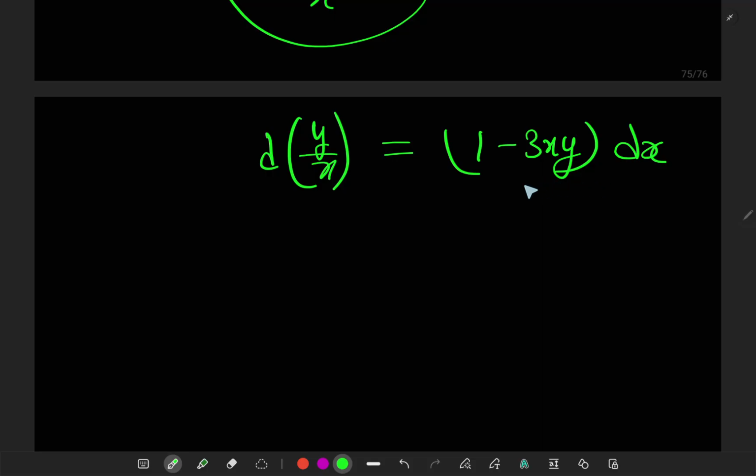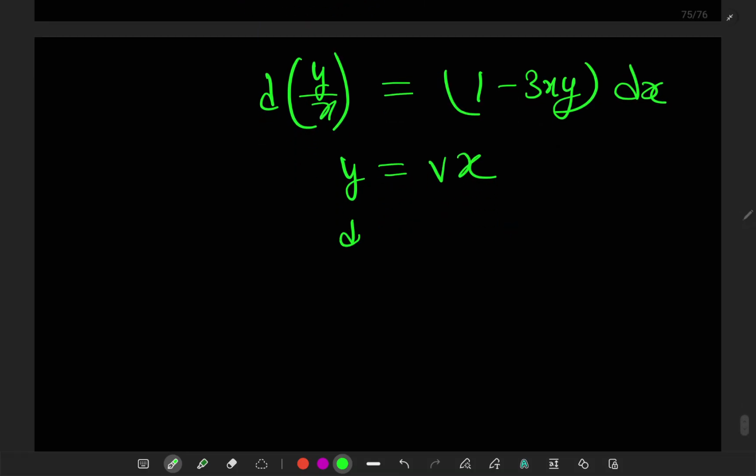Now, here on the left hand or right hand side you can see y is also present, so for integration it is not possible to integrate in this condition. So we use y is equal to vx and dy over dx is equal to v plus x dv over dx.